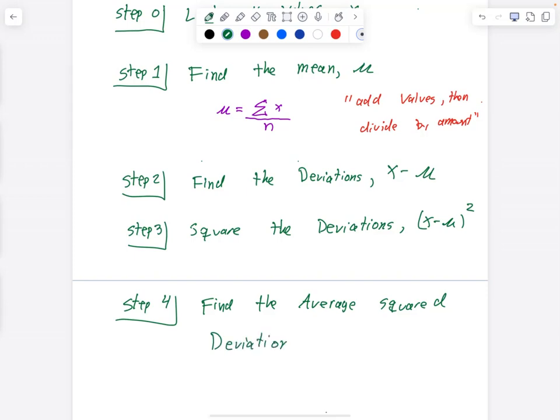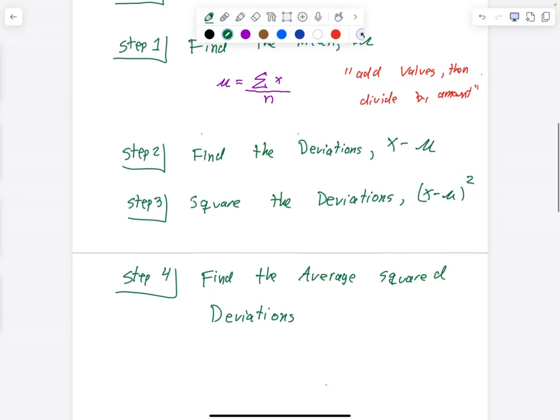And finally, step 5, the last step. What was the last step that we did? After we found all the values, we found the averages, what did we do, Trey? What was our last step? We take the square root. Because we squared all the values, at the last step, we're going to take the square root.